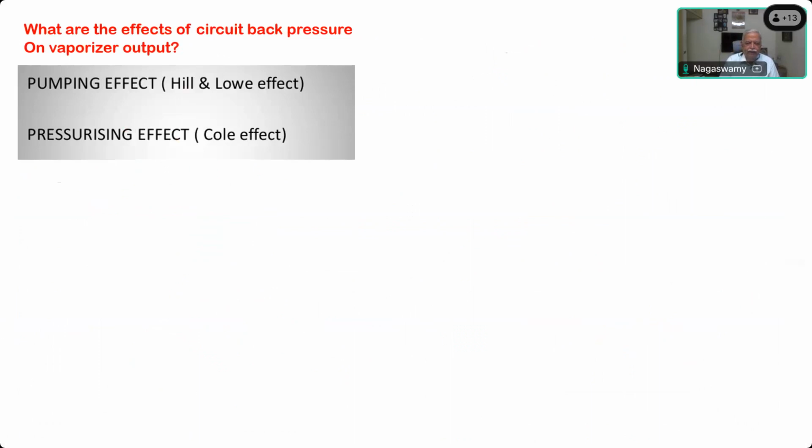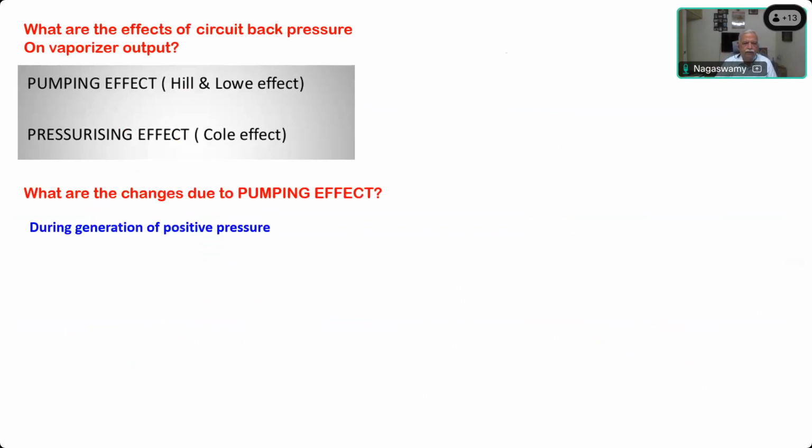Yes, sir. Pumping effect happens because of the partially transmitted positive pressure from the reservoir bag coming backward towards the outlet, and it causes an increase in the flow. I will show you a picture to make you understand what changes happen due to the pumping effect.